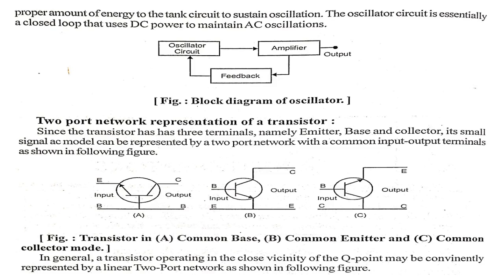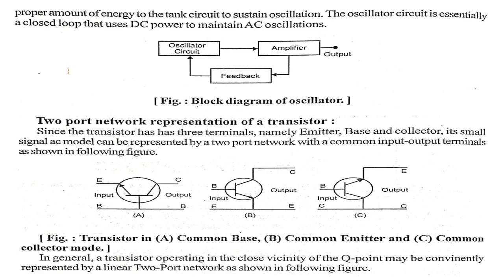A transistor can be operated in three modes by keeping one of the three terminals common. For example, in the figure we can see that the base terminal is common in figure A. See here, the base terminal of this transistor is common, and one section, that is the input section, is emitter and base, and another, which we call the output junction, is formed by the collector and base.